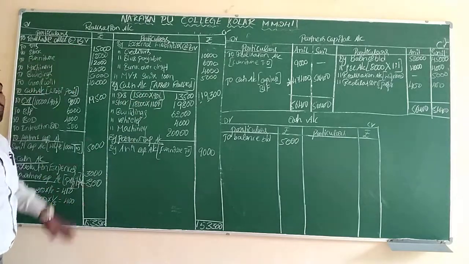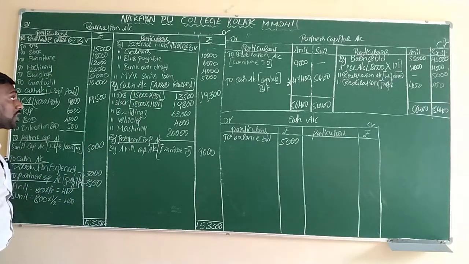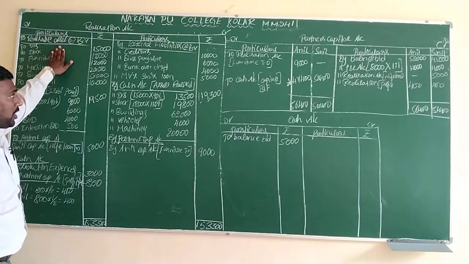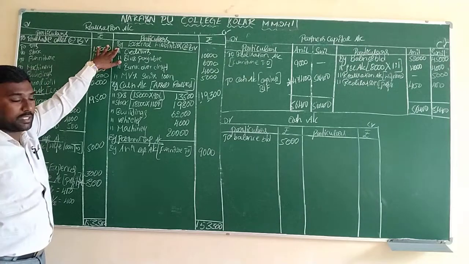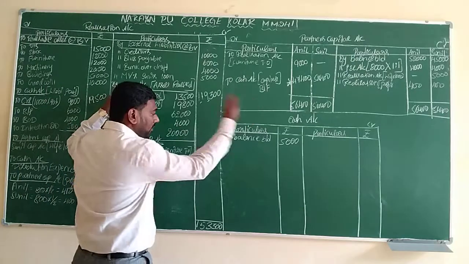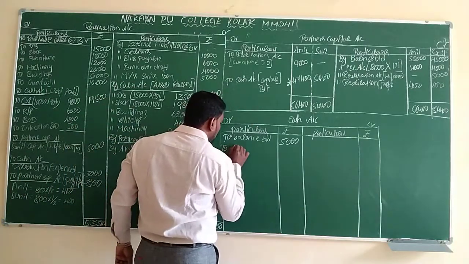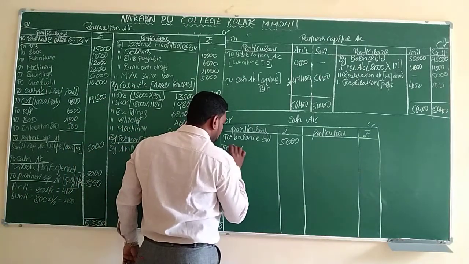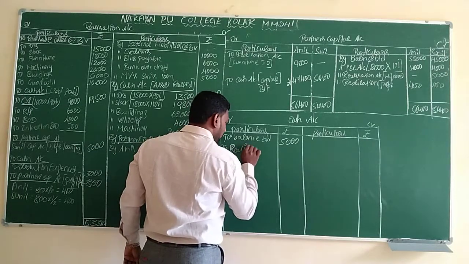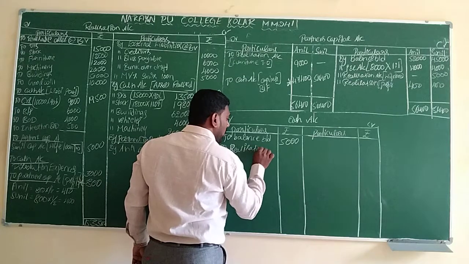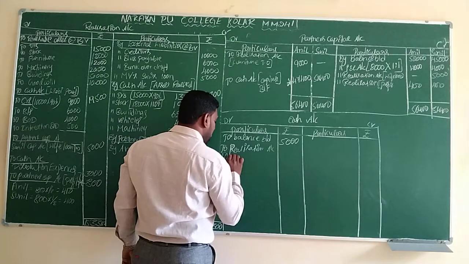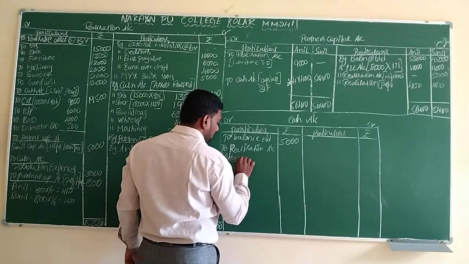In this account, somewhere we have to use the term cash, and that value will be transferred here. In step number 1 we didn't use the term cash, step number 2 also we didn't, but in step number 3 we use the term cash. So the buy side is there, and that will be transferred to the debit side as 'To realization account'. In brackets we have to mention clearly 'assets realized'.